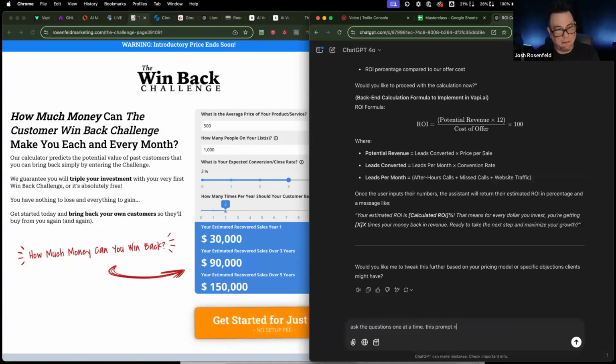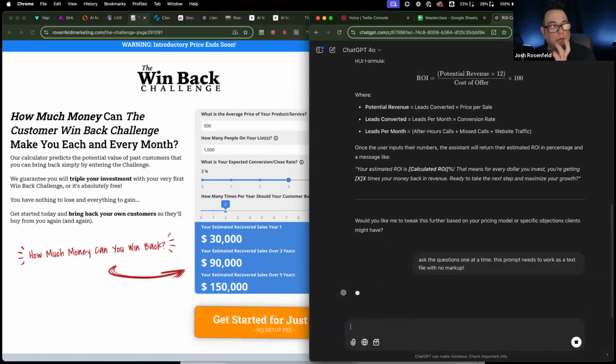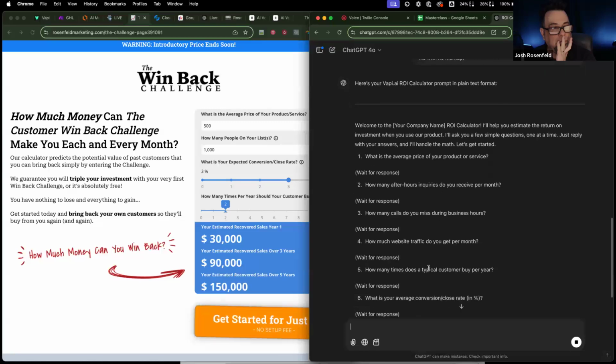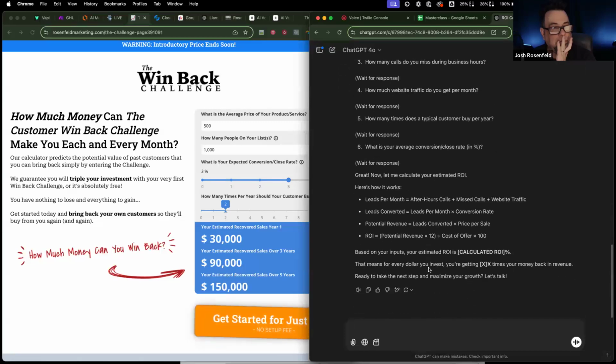This prompt needs to work as a text file with no markup, which is how it did this like cool thing here, I think, with no markup. It's going to rewrite it. See? Jeez. Crazy.